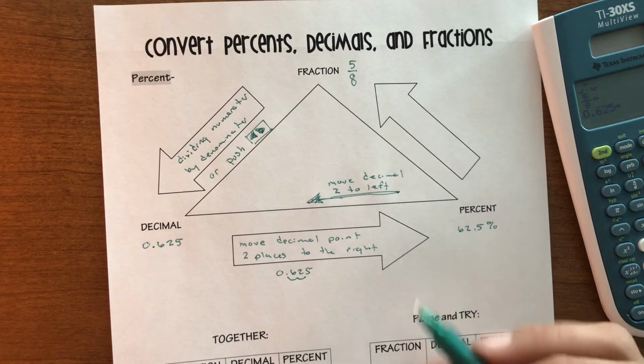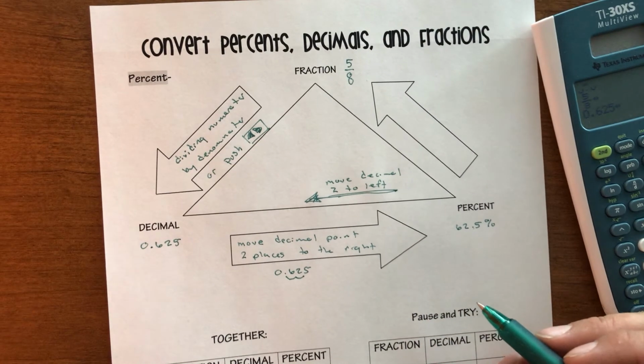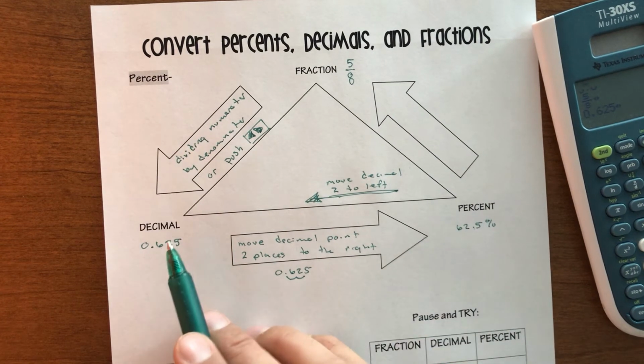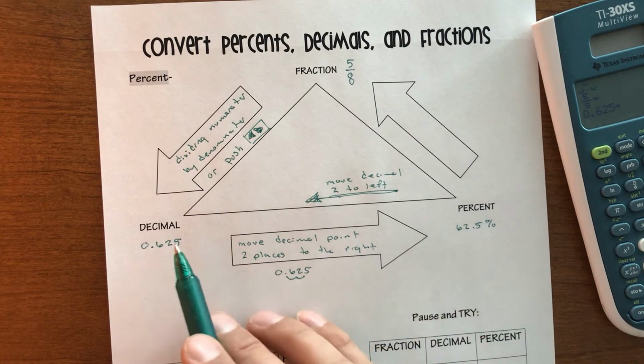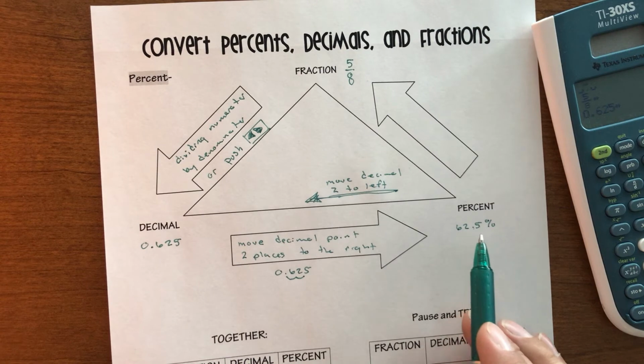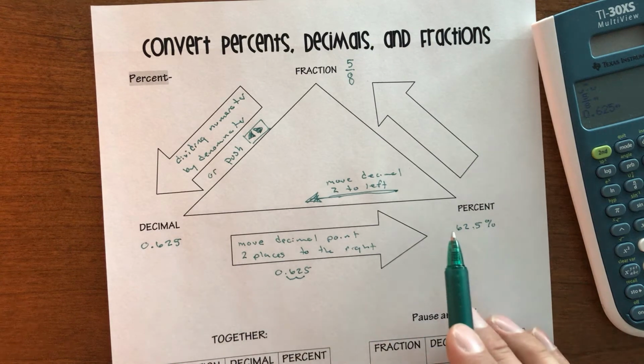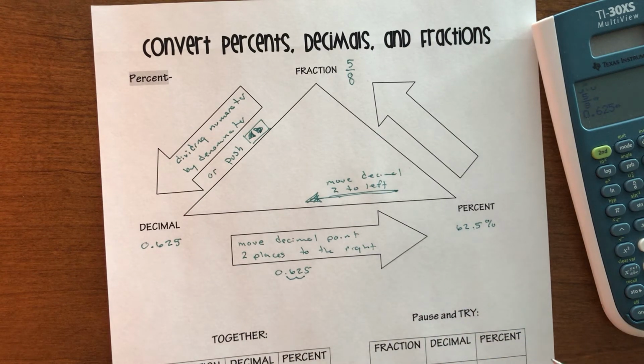So the easiest way to remember, if you're wondering whether to move it to the left or the right: percents are bigger than decimals. So when we go from a decimal to a percent, our number needs to get bigger. When we're going to a decimal, that's smaller than a percent, so we're going to move it to the left. We're going to make it a smaller number.